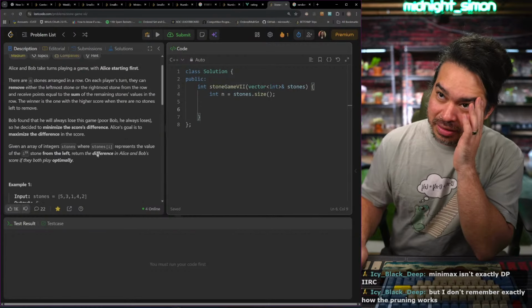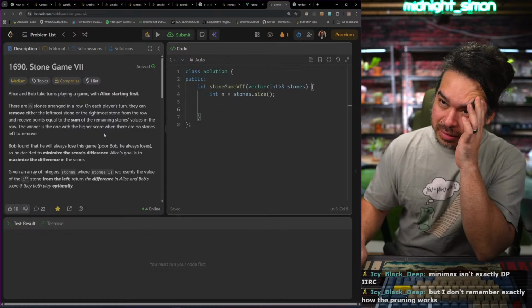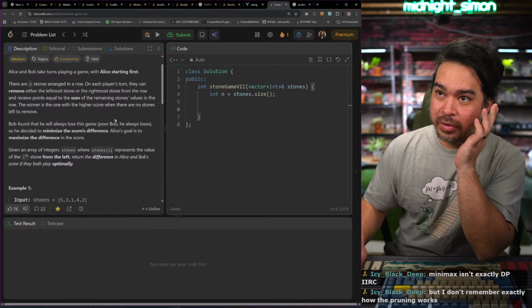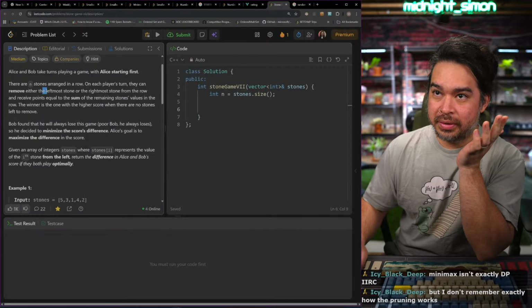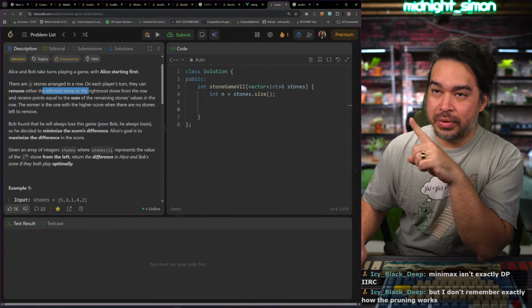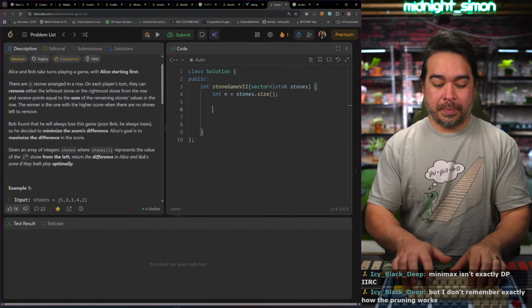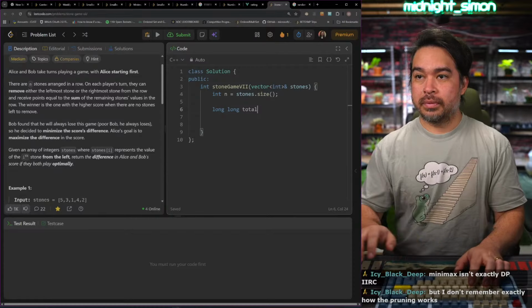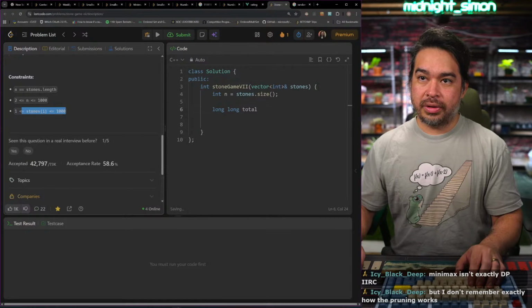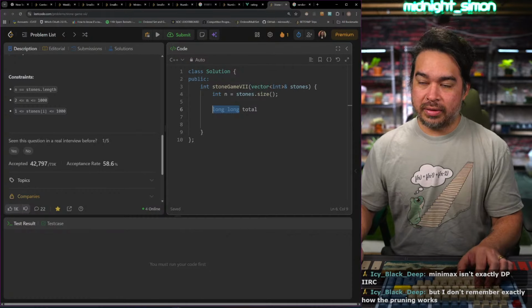Alright. Alice. Who goes first? Left or rightmost stone? So I need the total sum. Can it overflow? No, it can't. So I just need an int.